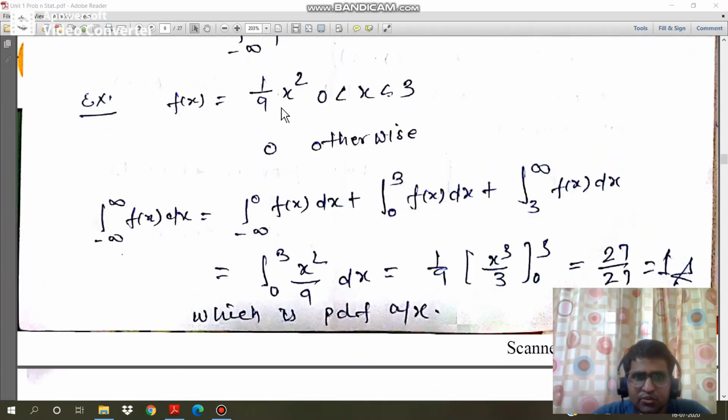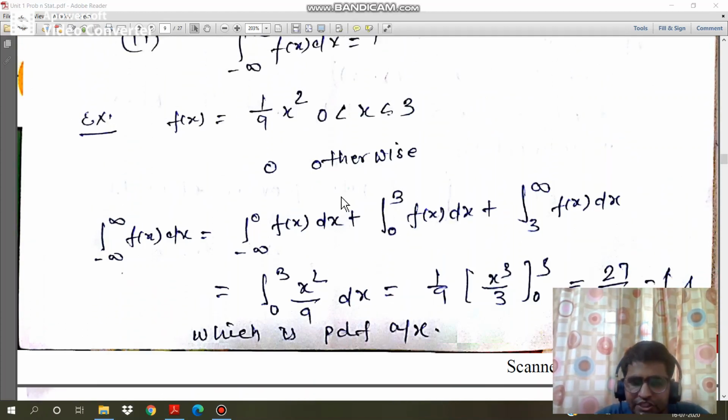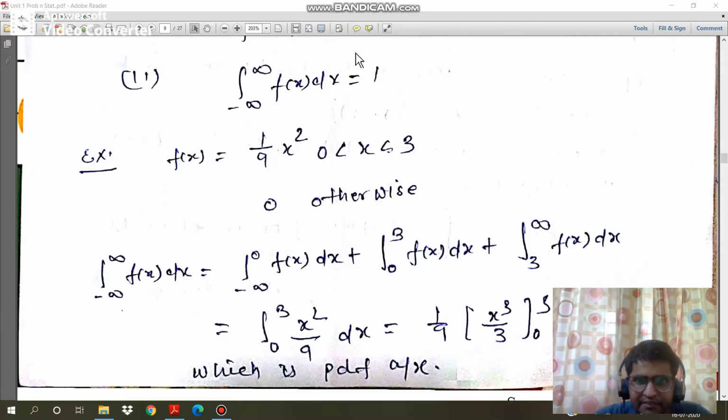Now this is a small example. f(x) = (1/9)x², for x in the range 0 to 3, and 0 otherwise. This is a function. Now check whether this is a PDF or not. Starting with the second property, if any function is a PDF, then its integral must be equal to 1.